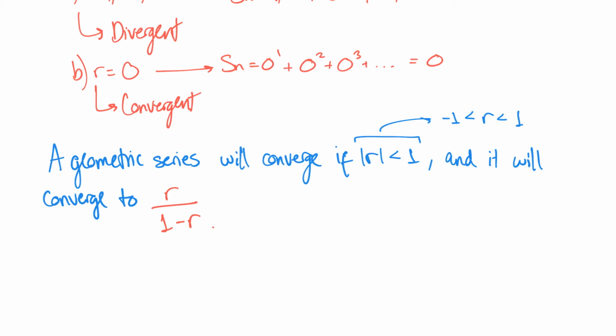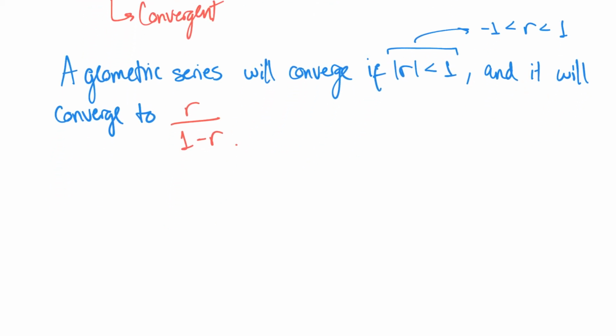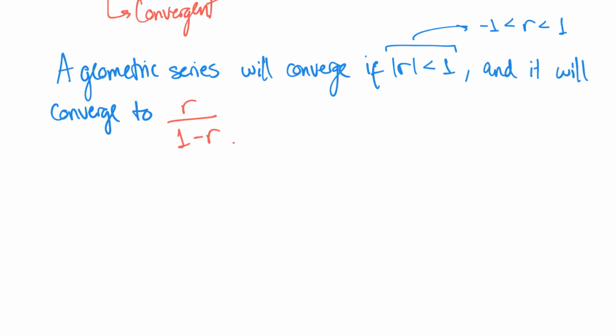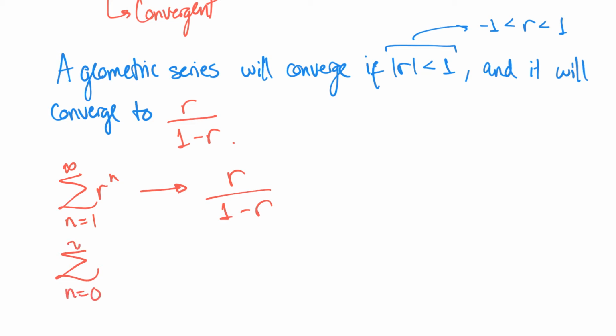So here, a very important note, guys. If you have a series whose counter starts at 1 and goes to infinity of r to the power of n, if it starts at 1, then it converges to this. If it starts at 0, then it's going to converge to this.